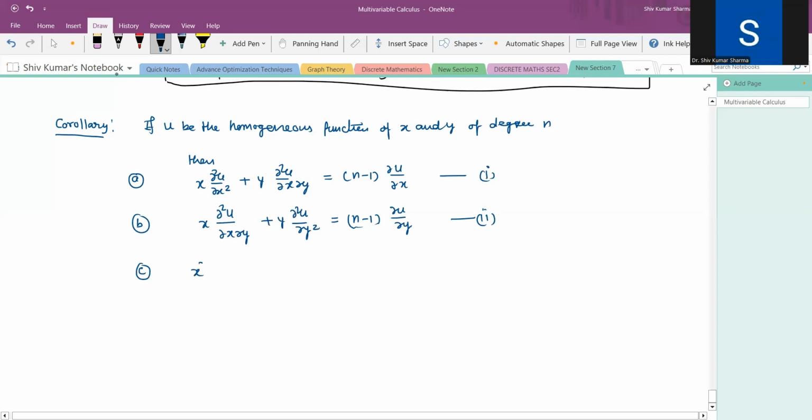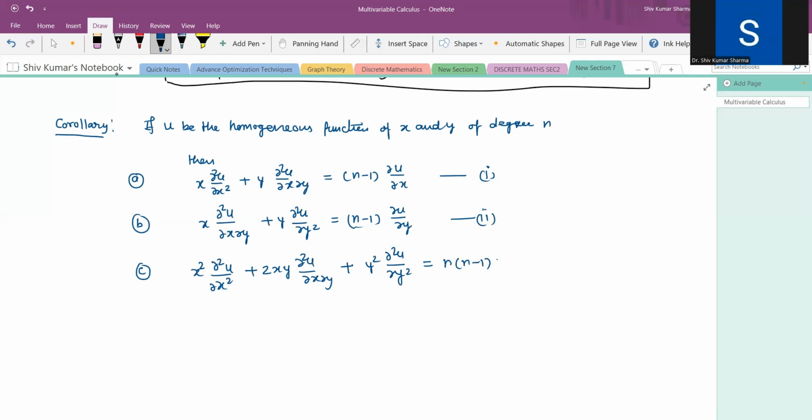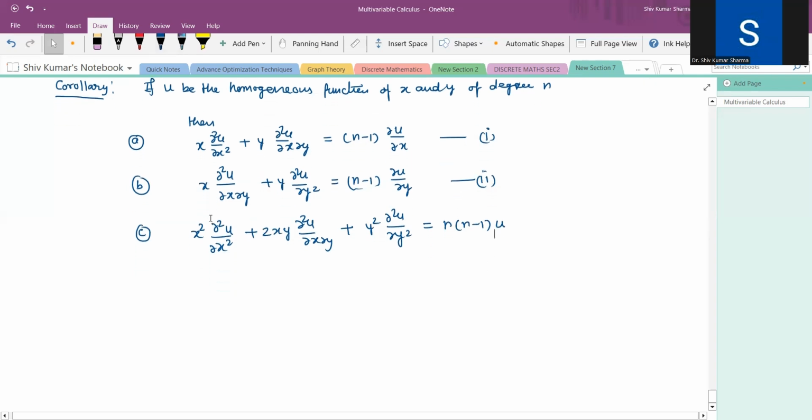That will be x² ∂²u/∂x² + 2xy ∂²u/∂x∂y + y² ∂²u/∂y² = n(n−1)u. So these three are the corollaries. You can easily prove these corollaries.